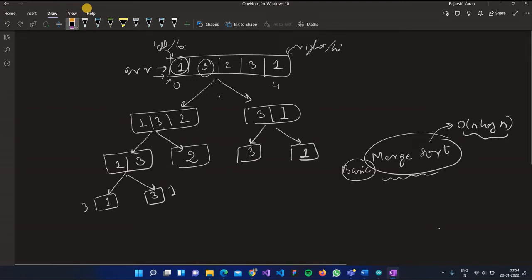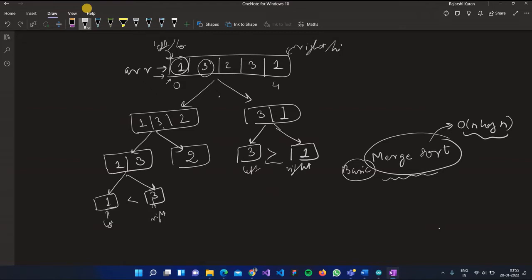I'll explain it with this only, I'll not mess you up. So here it's divided into 3 and 1, right? Here the left pointer value is already less than the right pointer value, so we continue with this combination itself. But here the left pointer value is greater than the right pointer value.